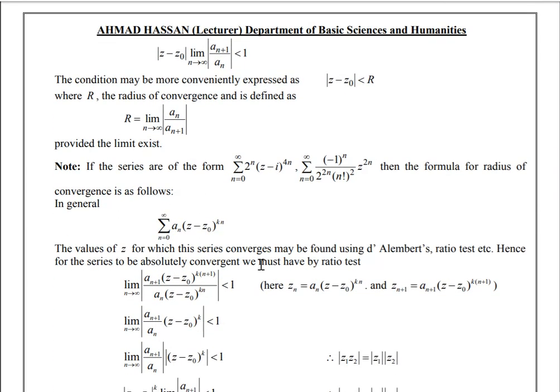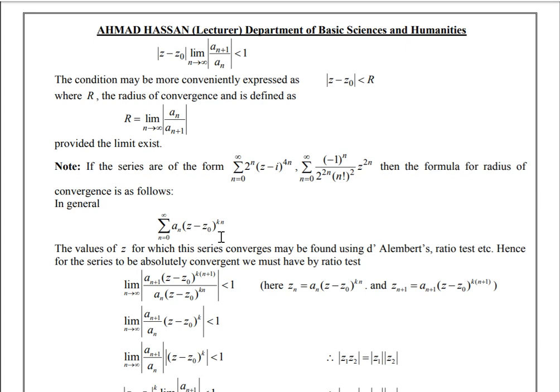Now if the series is of the form, let it be 2 power n into z minus z naught power 4n, for example another one is minus 1 power n, 2 power n plus 1 over n factorial square, z power 2n. Here the power is to be in the form of 2n, 4n, and so on. Then the formula for radius of convergence is as follows.